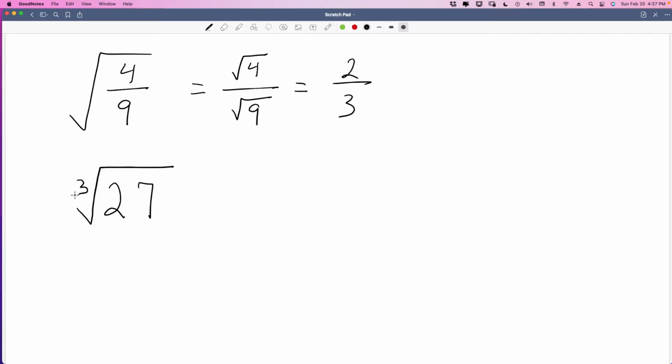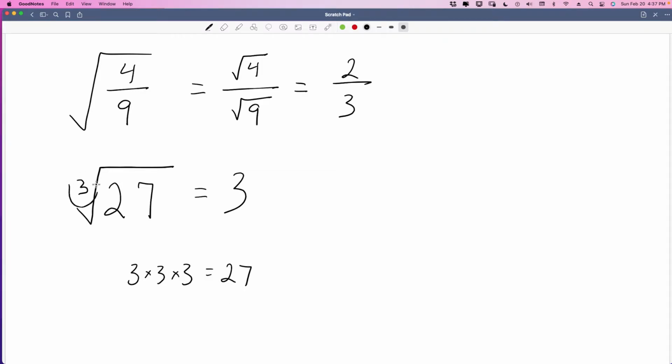This number here tells us how many identical factors we need to get from this number here. And we know that 27 is equal to 3 times 3 times 3. So the third root of 27 is 3, because 3 times 3 times 3 is equal to 27.